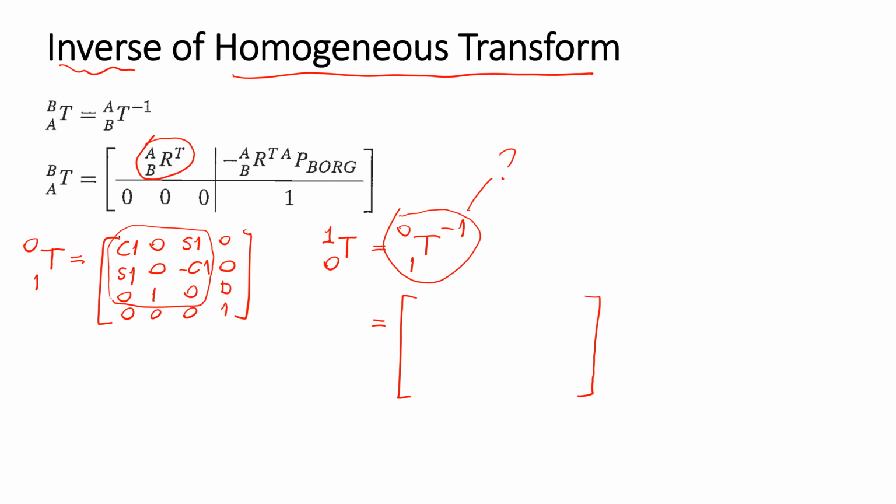It means the first row, C1, 0, S1, will be the first column.